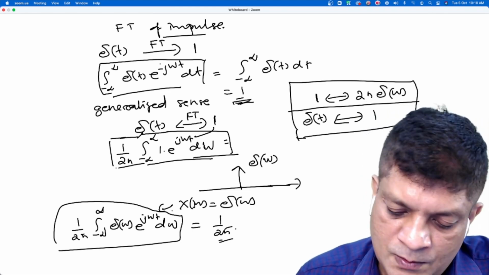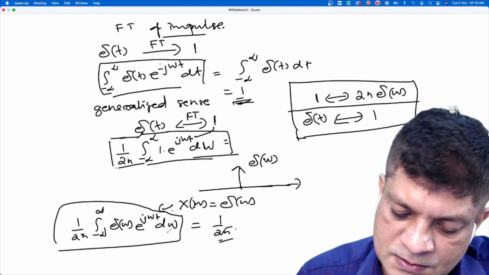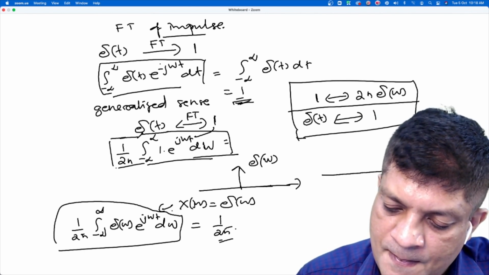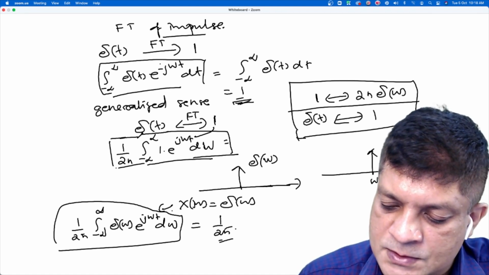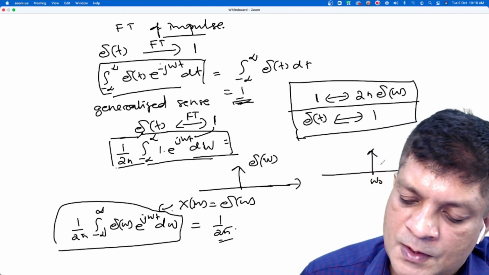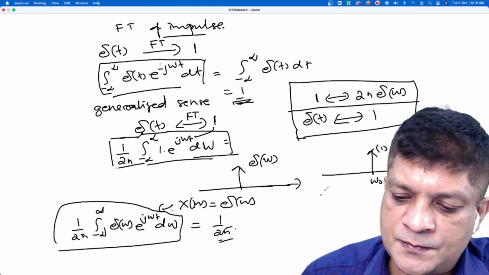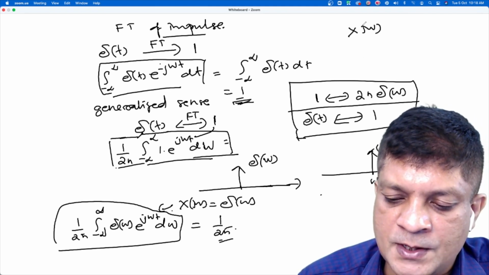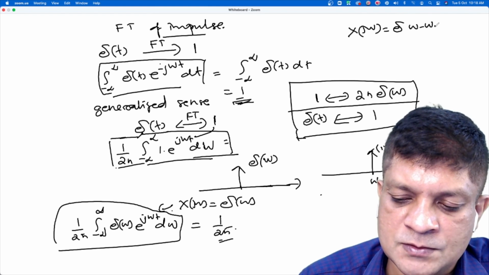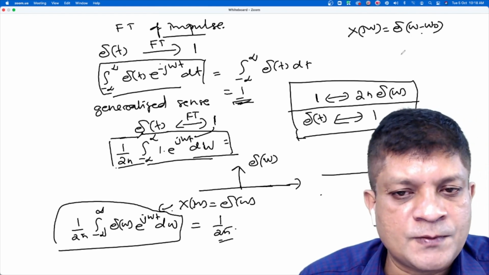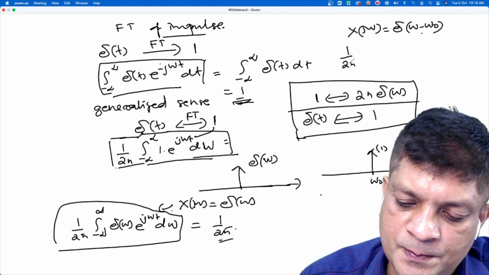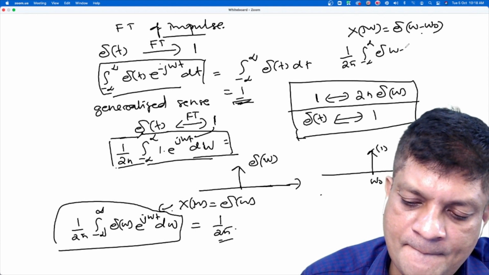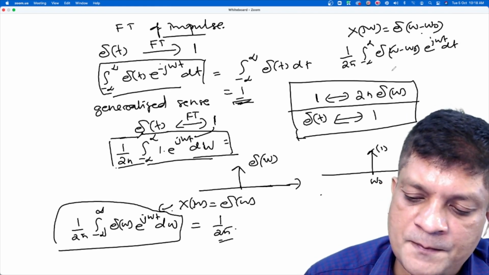Okay, now if you consider a shifted delta function, instead of delta omega, I am considering an impulse at, let's say, omega naught. So we can write that X of j omega is delta omega minus omega naught. What is the inverse Fourier transform of this? Inverse Fourier integral is 1 upon 2 pi, integral of delta omega minus omega naught e to the power j omega t d omega. What is this integral?